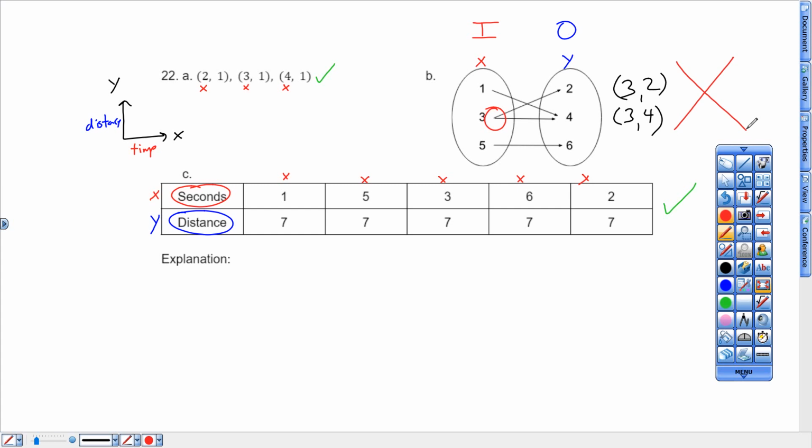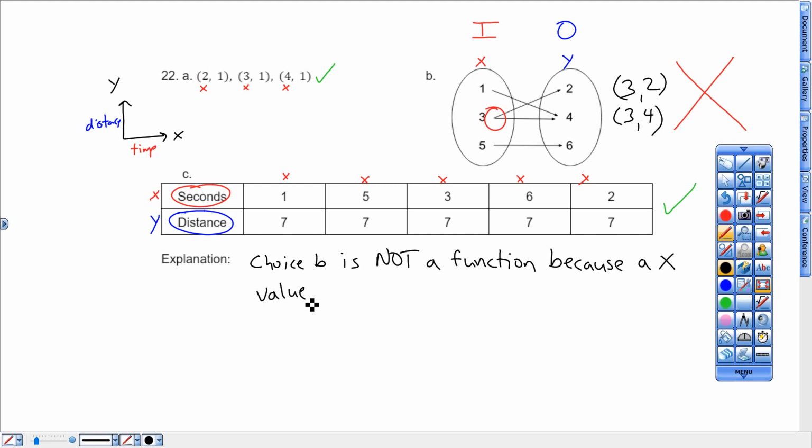So if I say, explain which one is not, I would say choice B is not a function because a x value gives two different y values.